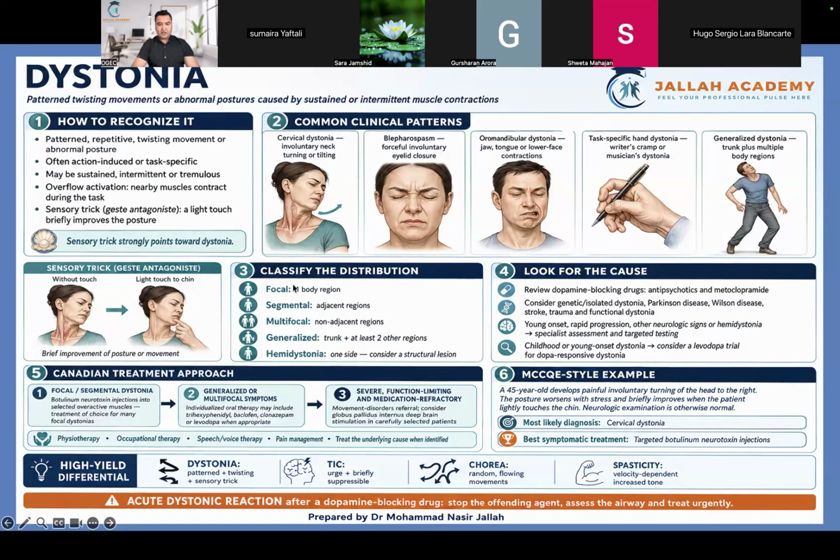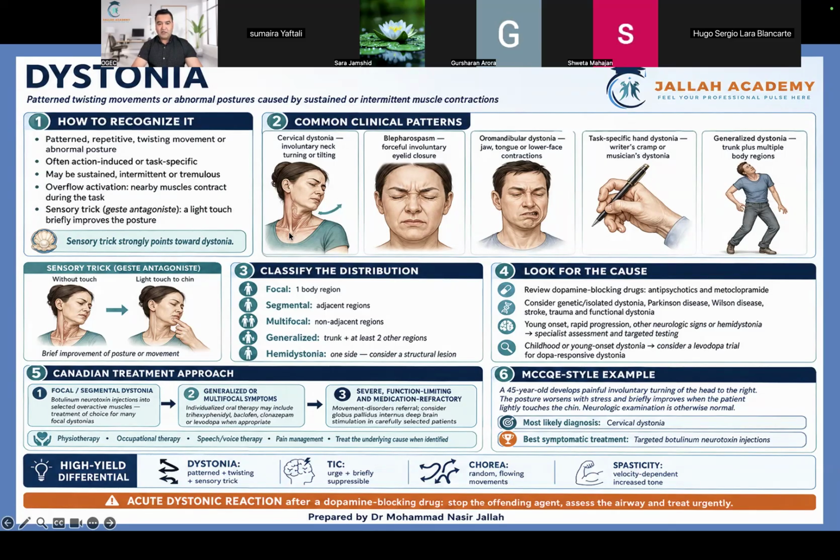So this is dystonia, everything you need to know about. This is the cervical. This is blepharospasm, forced involuntary eye closure, like this one. This is for mandibular. This is task specific, the generalized dystonia, trunk plus multiple body parts. So for this, you need to use systemic medication.